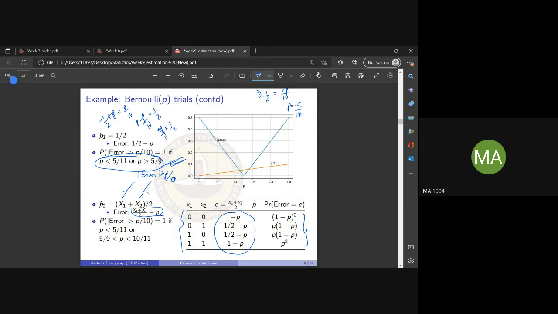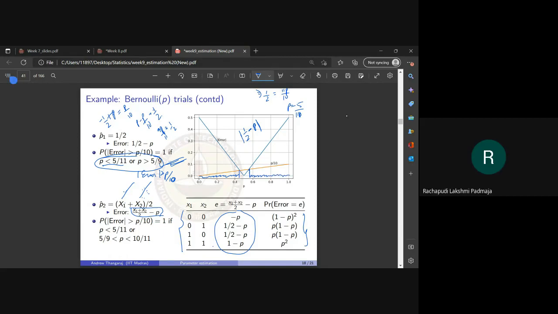The error was mod of 1 by 2 minus p. So you are saying with probability 1 that if p is less than 5 by 11 and if p is greater than 5 by 9, your chance that the error is greater than p by 10 is 1.